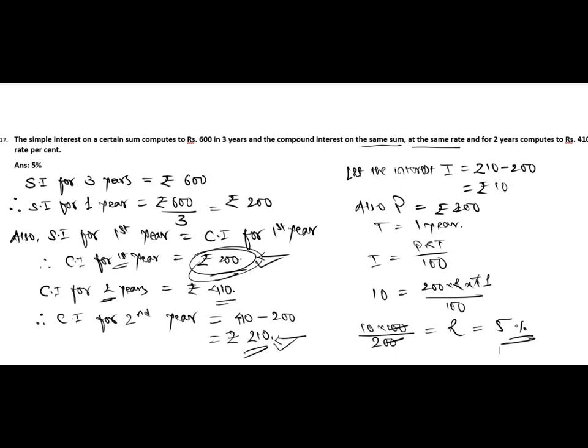Second is, the simple interest for first year is equal to compound interest for first year. And if you know the compound interest for first year and compound interest for total 2 years, you can find the compound interest for second year by subtracting them. Then once you have got the compound interest for 2 consecutive years, you can find the interest. Let's go to the next question.